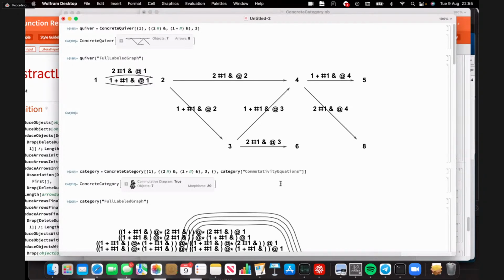Here's a naive question. When you have, instead of generators, a hypergraph rewriting rule, and you get a concrete quiver from those, would it induce a hypergraph category with all those spans, cospans? That's an interesting question. Probably not.